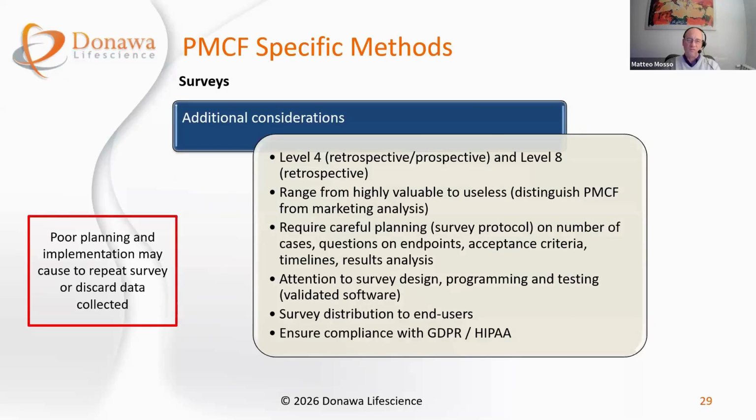So, an additional consideration regarding surveys. We can have level 4 surveys, which have a high degree of evidence compared to level 8. Level 4 can be both retrospective or prospective, while level 8 surveys are exclusively retrospective.